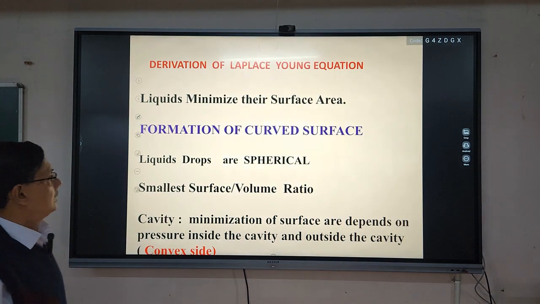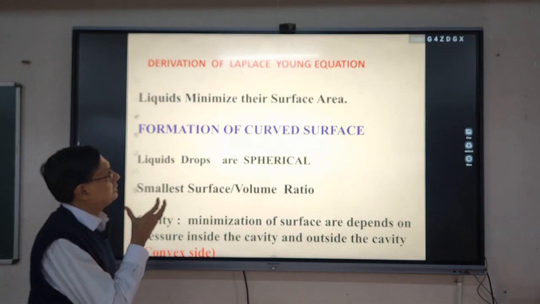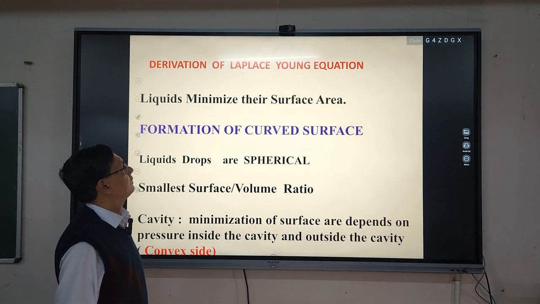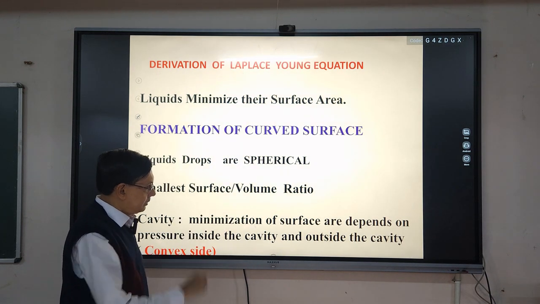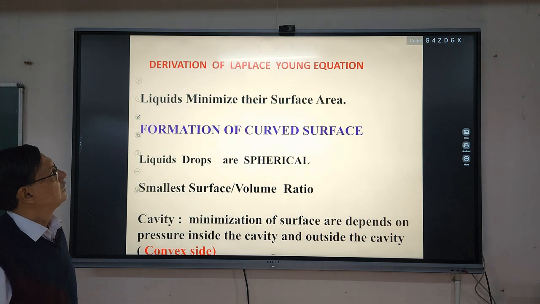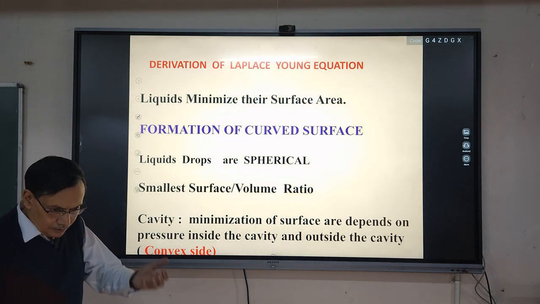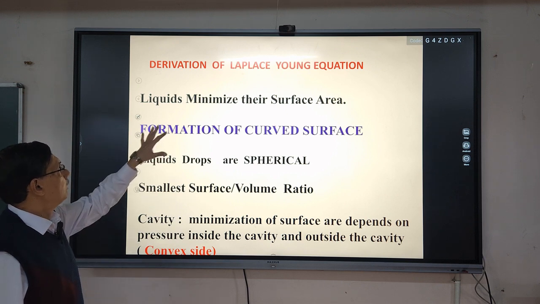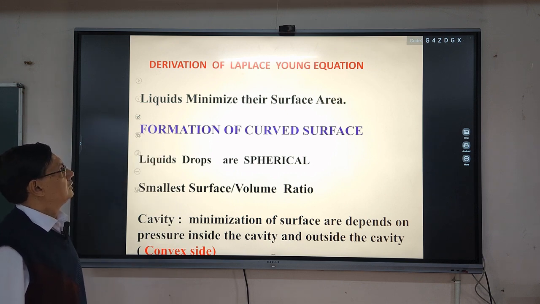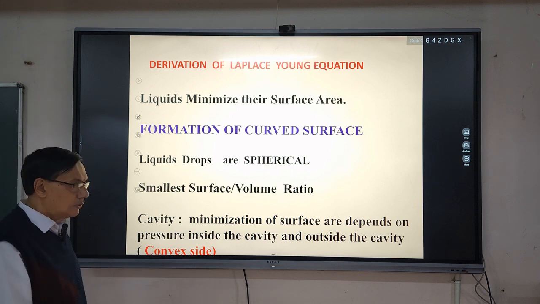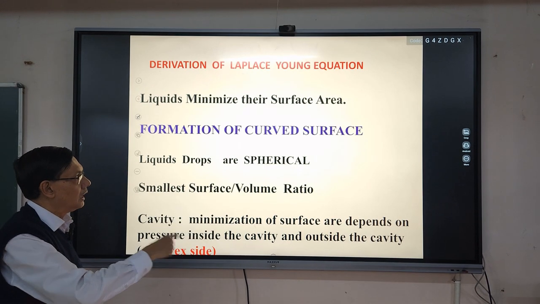Now, for the derivation of this Young-Laplace equation, there are certain assumptions. The first assumption is, as I told in my initial statement, that liquids minimize their surface area, and therefore there is a formation of the curved surface.